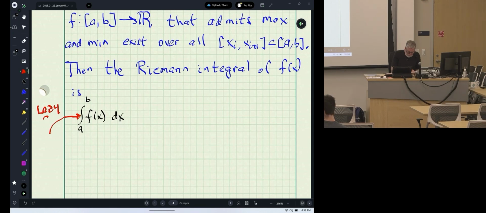It's literally a lazy S, and the S comes from the sum.